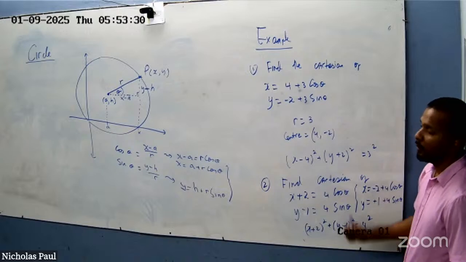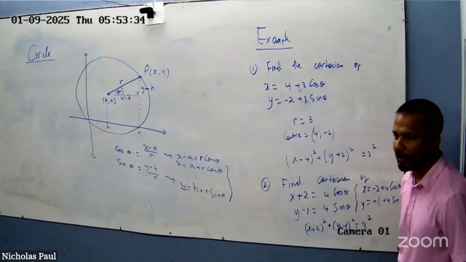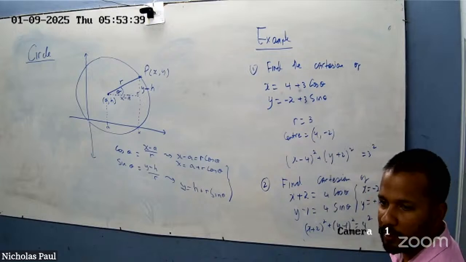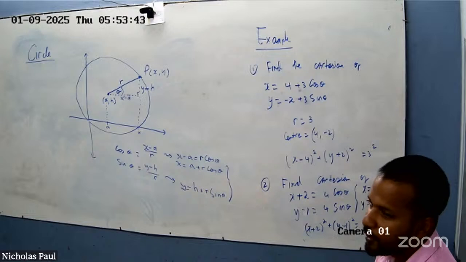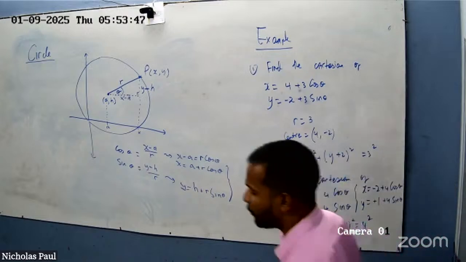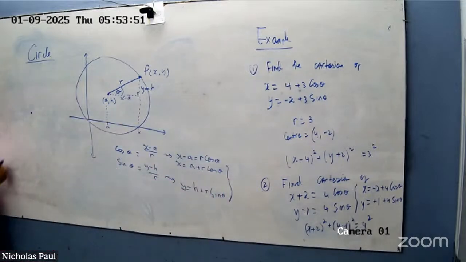So let's change from this shape. Suppose I give you a shape, but the radius is not staying constant. Suppose I give you a shape like this. You have a center, but the radius is not staying the same.